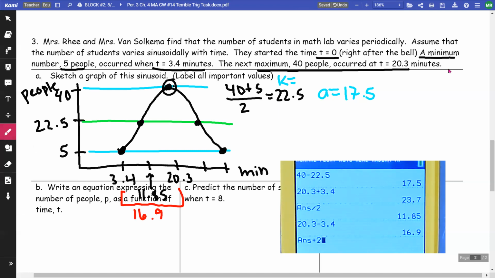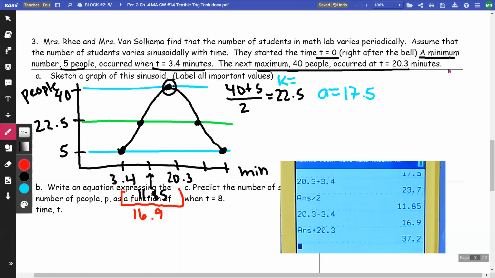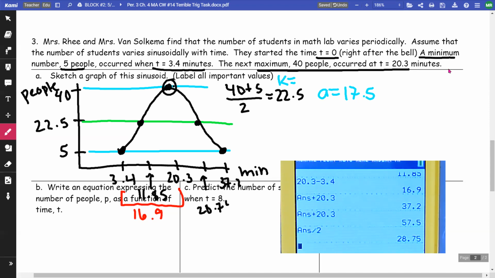So if I add that on to my 20.3, I see that I'm going to end at 37.2. And then to find that middle one, I'm going to take that, add it to 20.3, divide by 2, and I get 28.75. So this one here is 28.75. Okay.